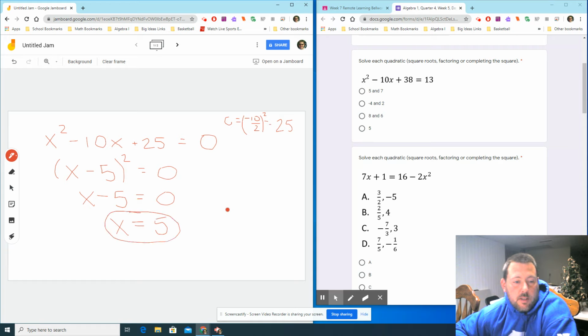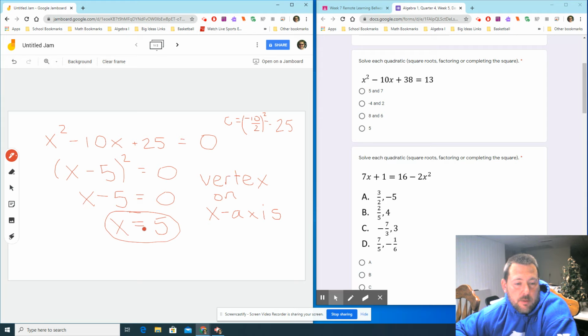Connecting that to some things that we've done in the past: if this only has one solution, that means my vertex is on the x-axis. It also means my discriminant would be, take a second to think about that, would this have a positive discriminant, a negative discriminant, or a discriminant of 0?